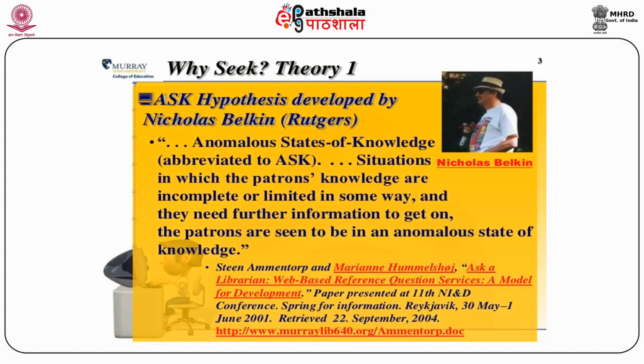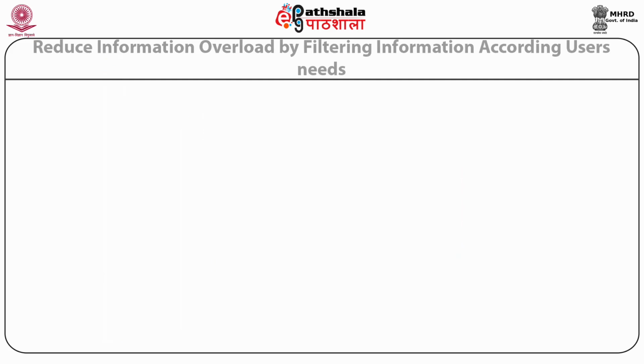Anomalous state of knowledge is a situation in which the patron's knowledge is incomplete or limited in some way, and they need further information to get on. The patrons are seen to be in anomalous state of knowledge.